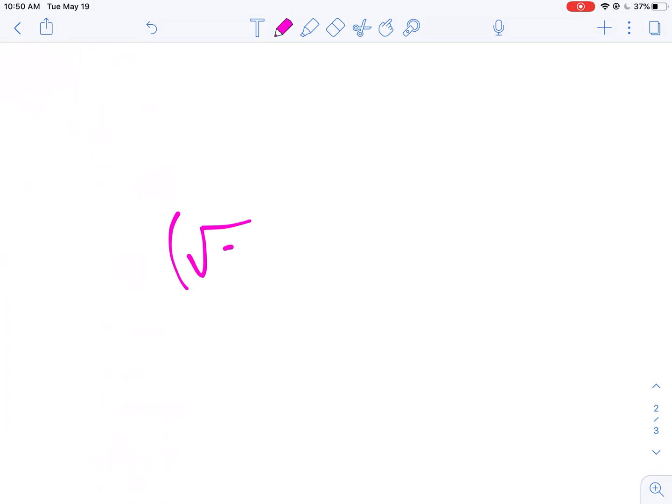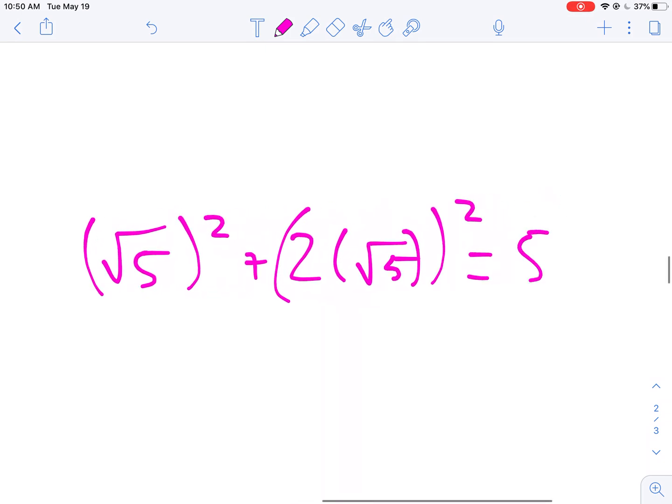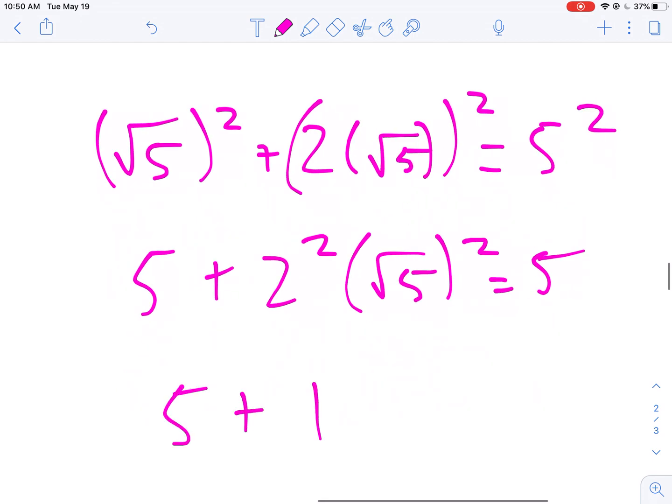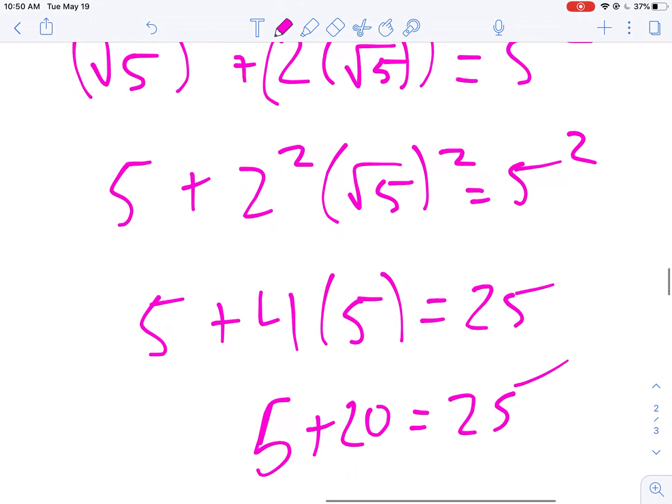So this is the square root of 5 squared plus 2 times the square root of 5 squared is equal to 5 squared. So this is 5 plus 2 squared times the square root of 5 squared, which is 5. So that's 5 plus 4 times 5 is equal to 25. 5 plus 20 is equal to 25, and 25 is equal to 25.